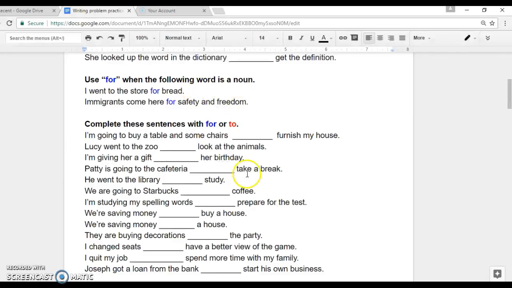So looking at the sentences now that follow, I want you to pay attention to the word that follows the blank. If the word is a verb, then you're going to complete it with to. If the word that follows is a noun, such as her birthday or coffee or a house, then you're going to use for. So go ahead and work on that, and then we'll come back together.